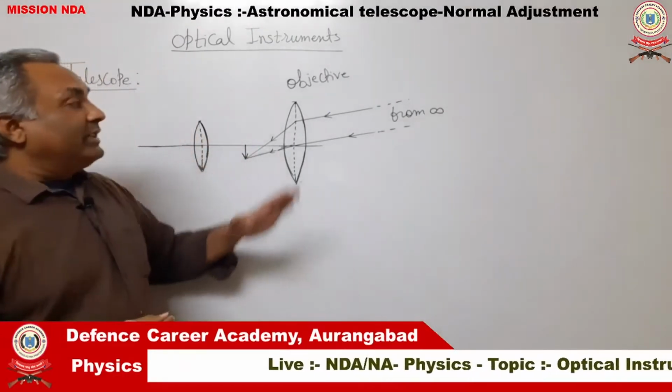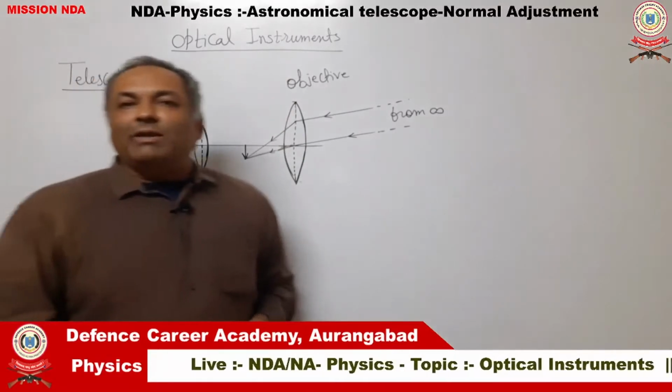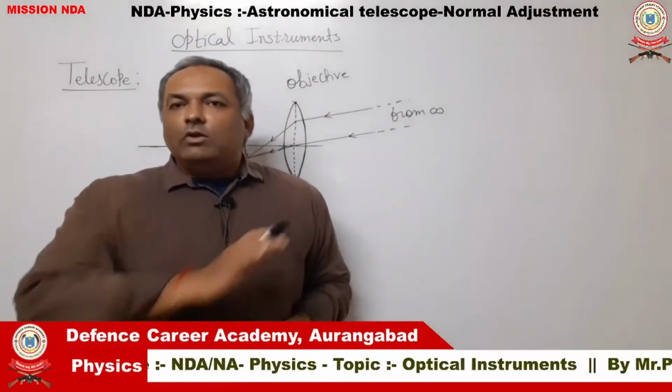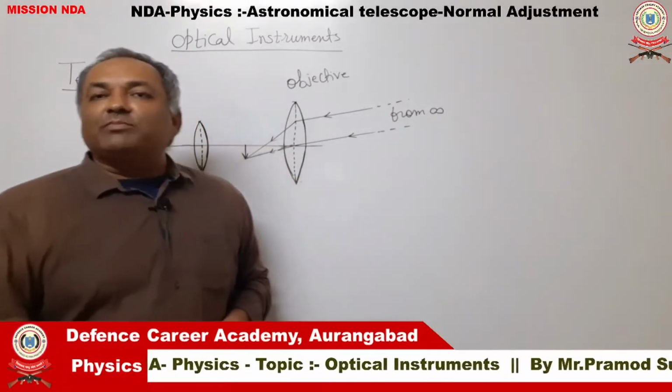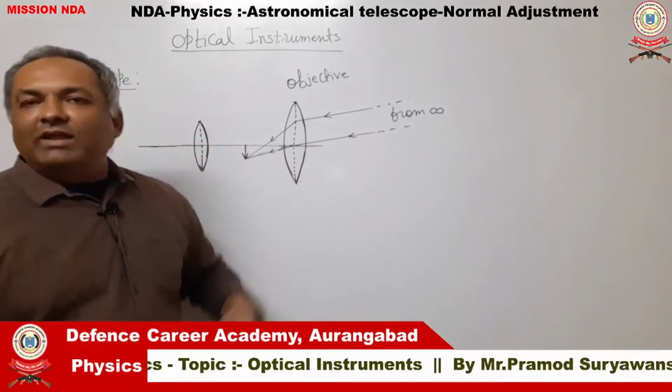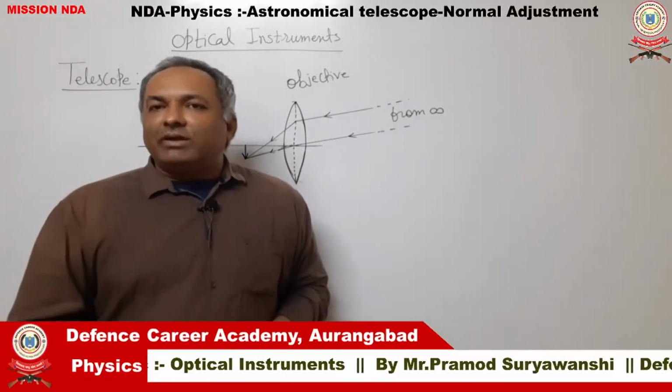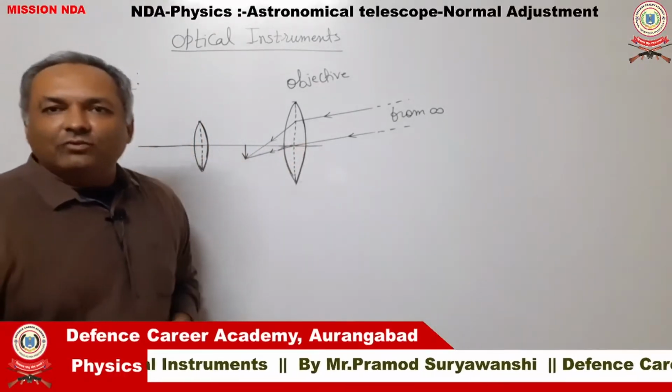Imagine that this lens is giving you a virtual image, then that's the end of it. No further image formation is possible no matter what kind of lens you are using here. It doesn't make a difference to a refracting telescope.